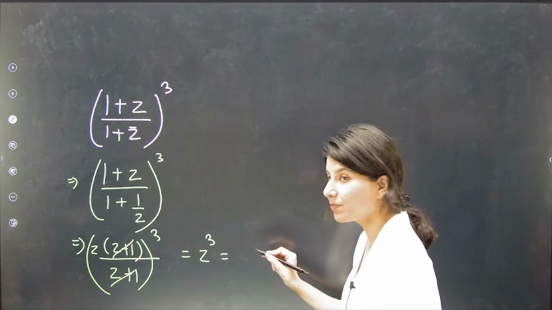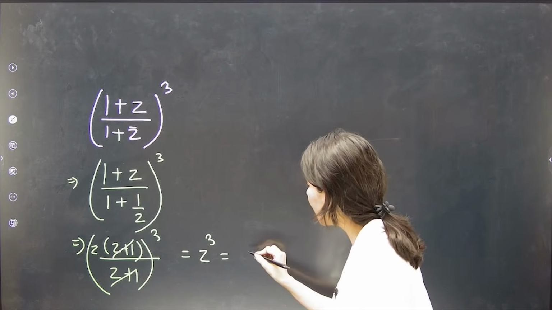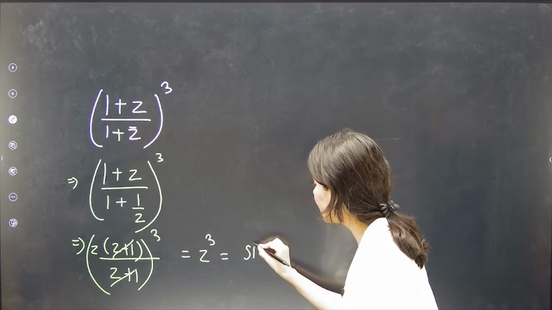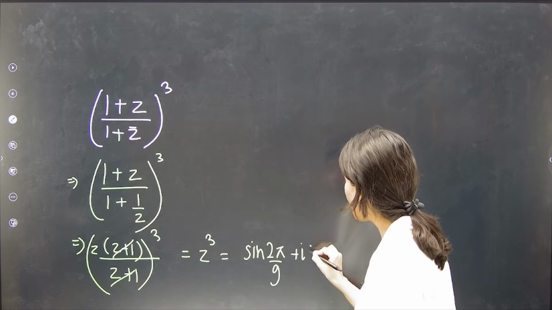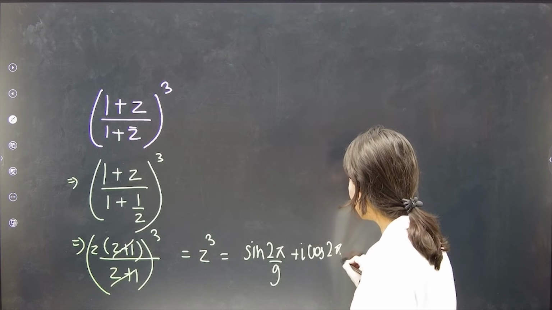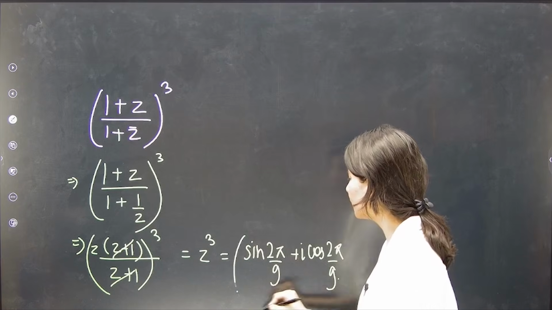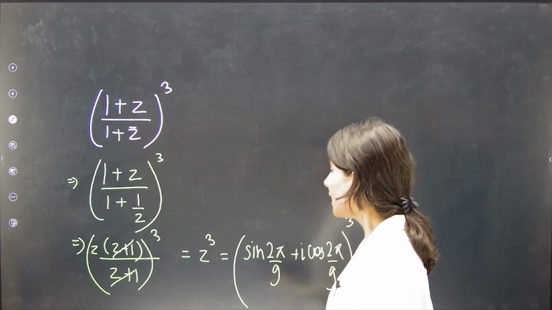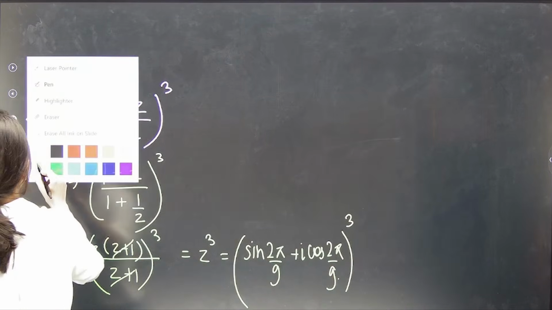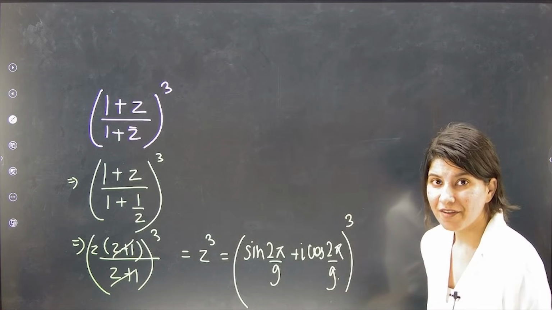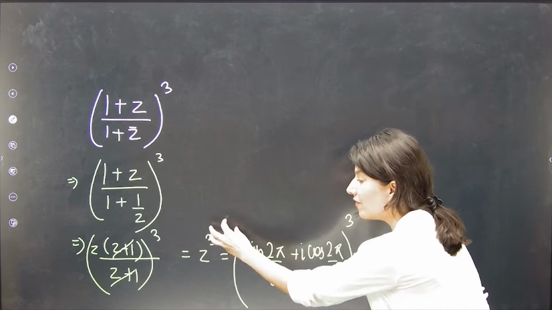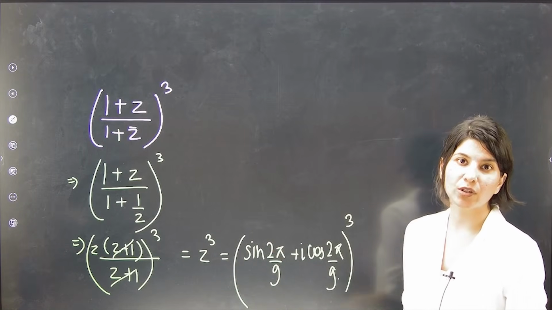So z cube, that means it is sine 2 pi by 9 plus iota cos 2 pi by 9, whole cube. Whenever there is a power of z, always think about Euler's form.